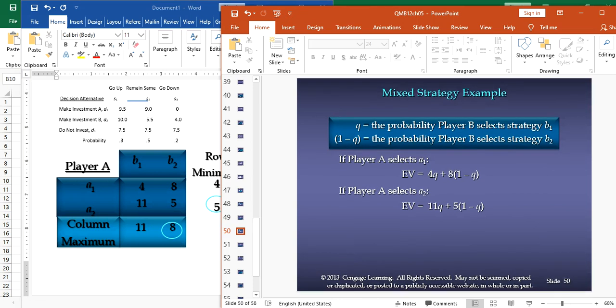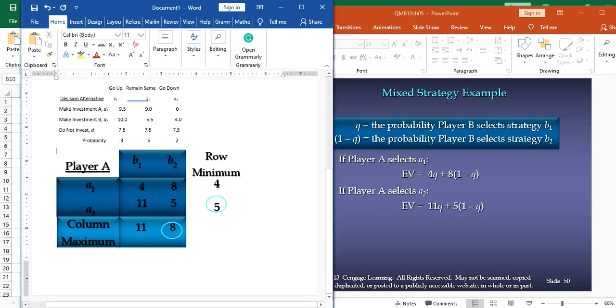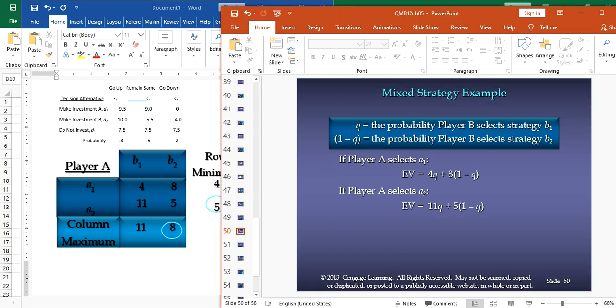And what about player B? Okay, we do the same thing. If player A selects A1, so instead of p we have q here in order to not mix up the calculation, and we have also the numbers over here.